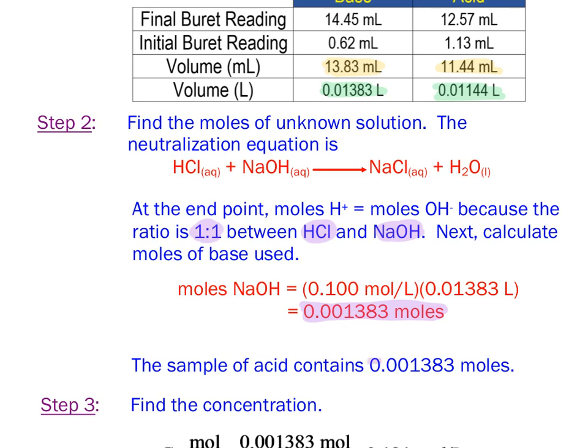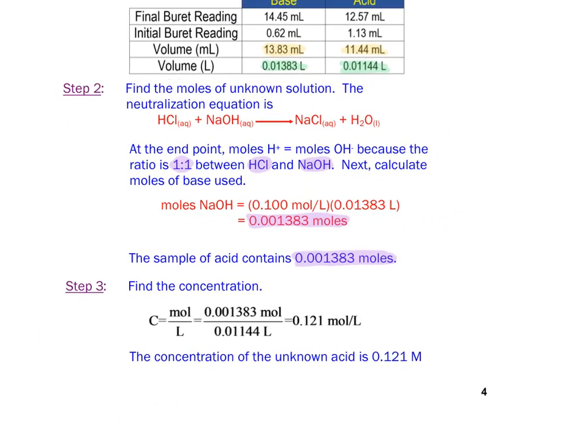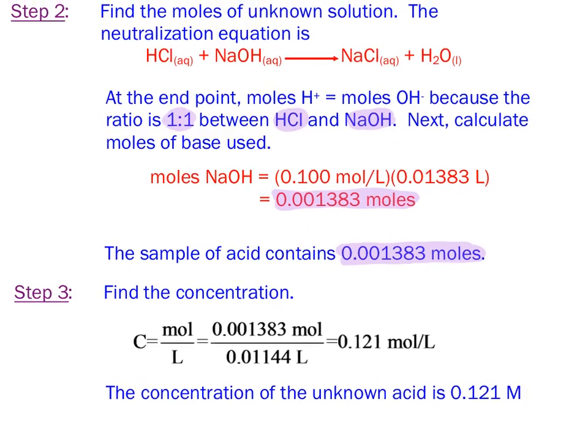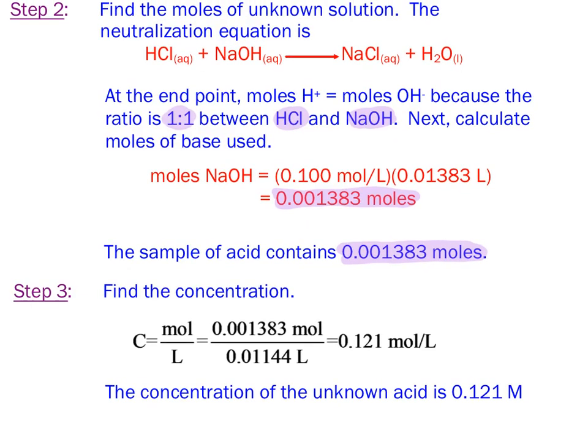So that's important, because if that's the number of moles of sodium hydroxide, we know that also, because of that 1-to-1 molar ratio, that will be the number of moles of acid as well.